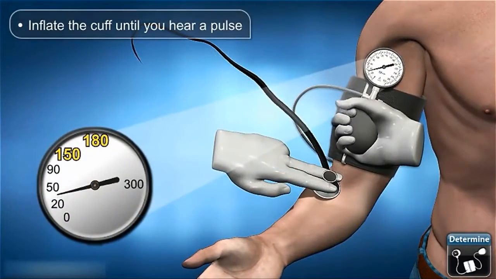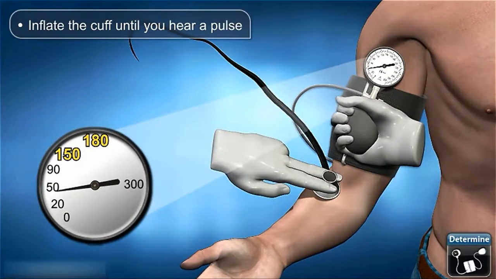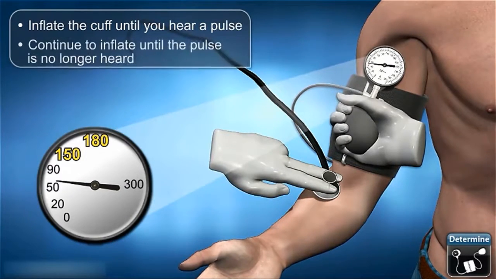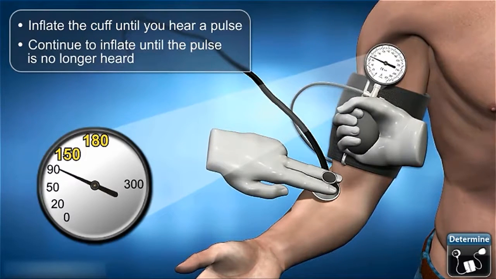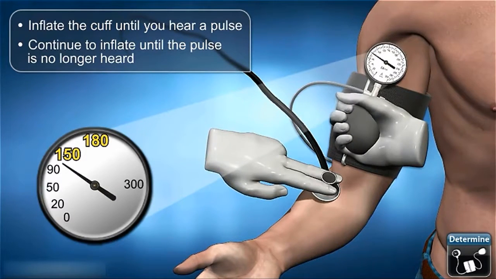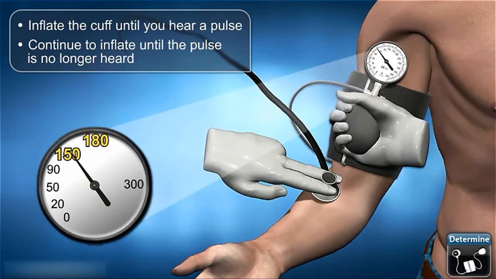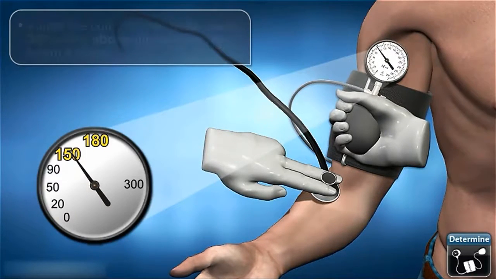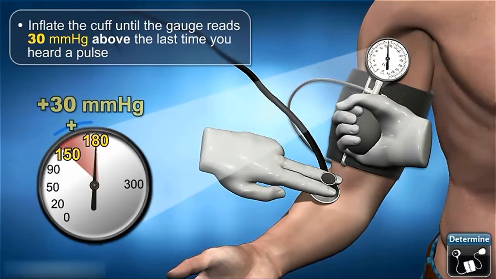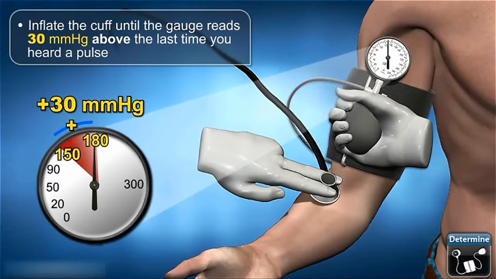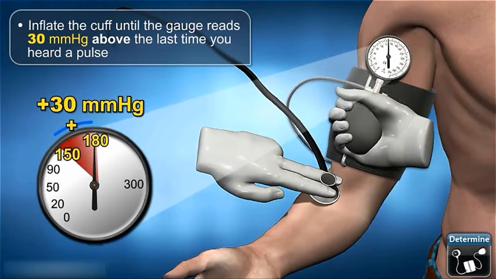Inflate the cuff until you hear a pulse. Continue to inflate until the pulse is no longer heard. Inflate the cuff until the gauge reads 30 millimeters of mercury above the last time you heard a pulse.